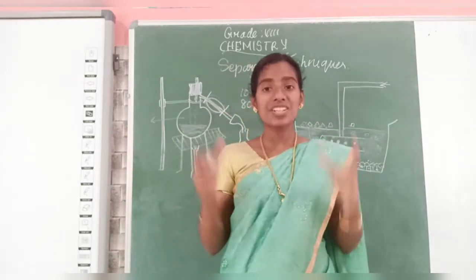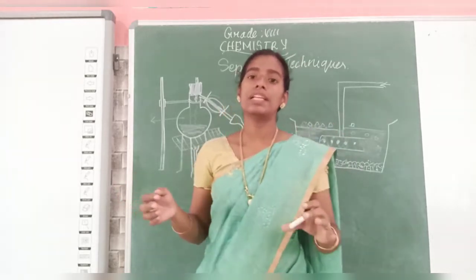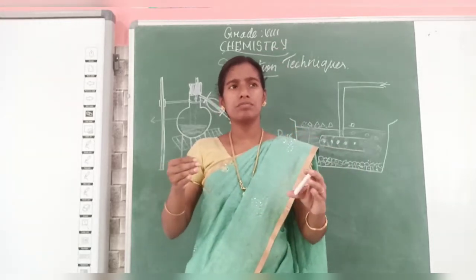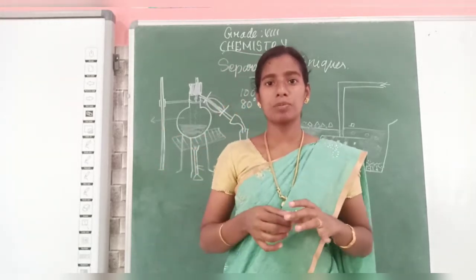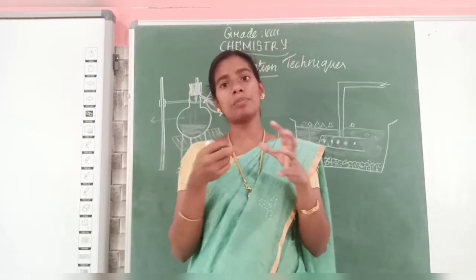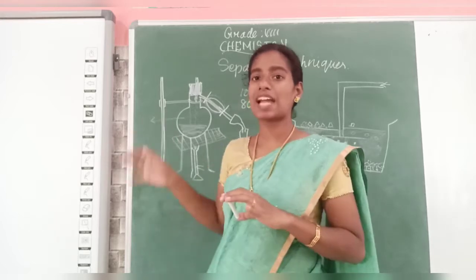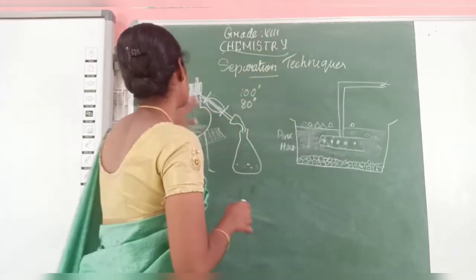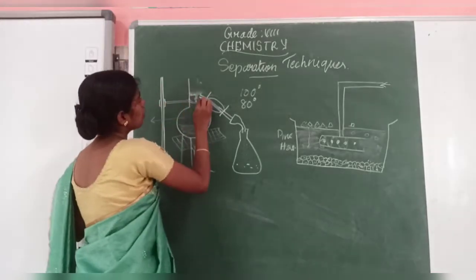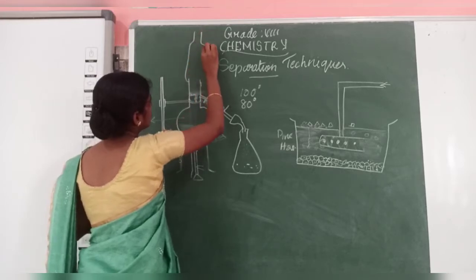But in fractional distillation, we can separate miscible liquids without much variation in boiling point, maybe 100 and 102. Liquids with very close boiling points can be separated using fractional distillation. The difference between distillation and fractional distillation is that here you will have a fractional column.